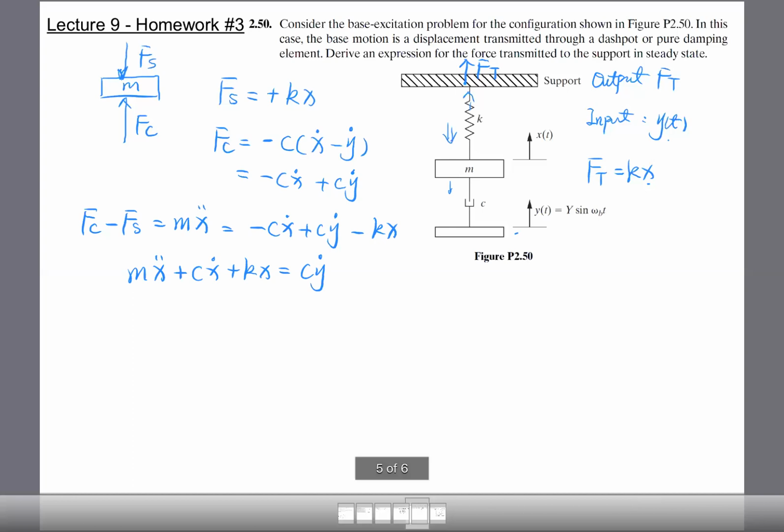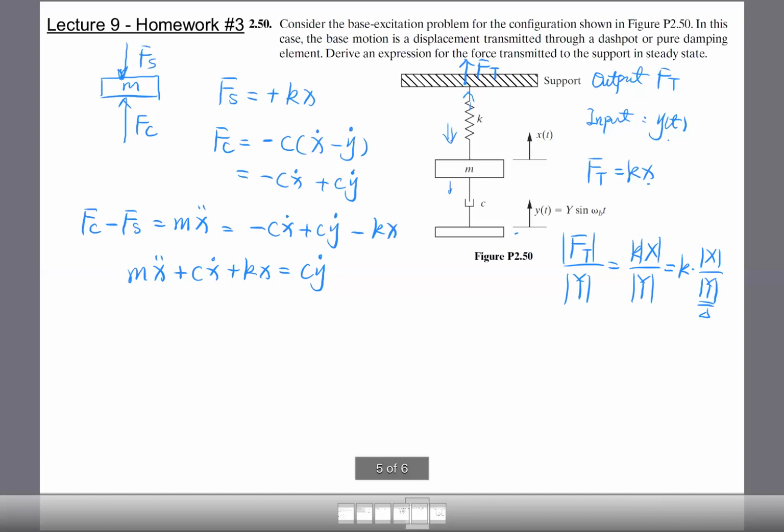apply the chain rule. So Ft over y equals Kx over y. It becomes K times the ratio of x over y. In order to get the final transfer function, we can directly derive the displacement transmissibility.